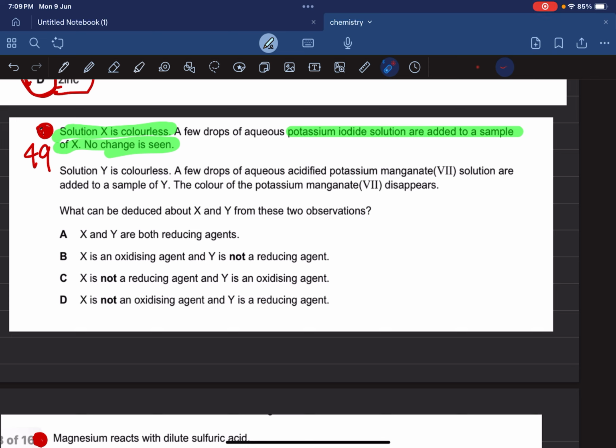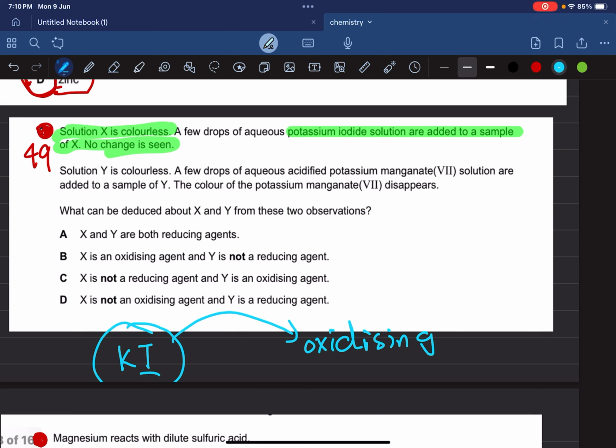Always remember that KI is used to test for, and this is going to be a difficult concept to digest, but just try to follow what I'm going to tell you, KI is used to test for oxidizing agents. Just learn what I'm telling you, because tomorrow is the exam and you need to be proficient at this.